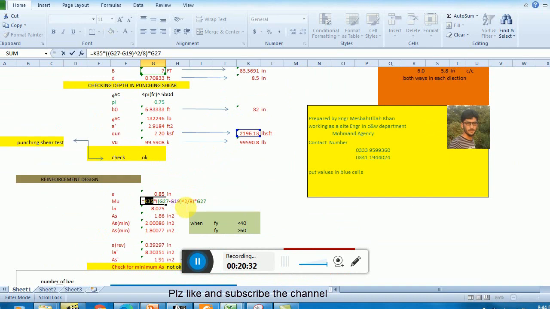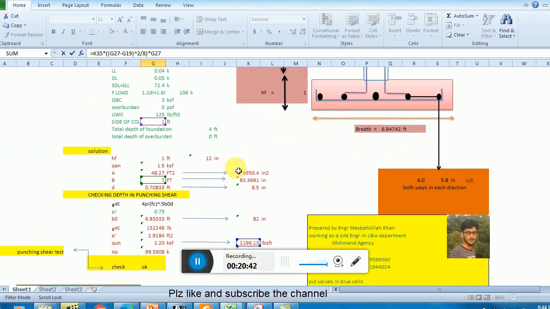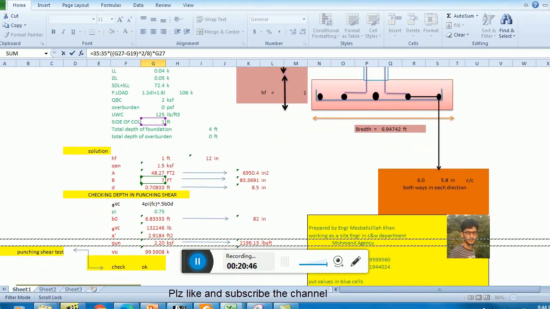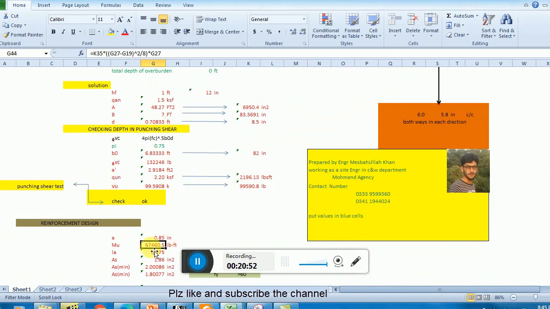Yes, we have to make changes here because this is L square divided by 2. So where is K35?